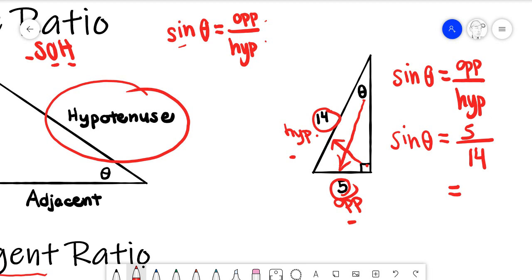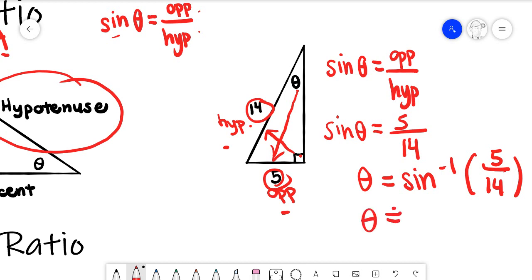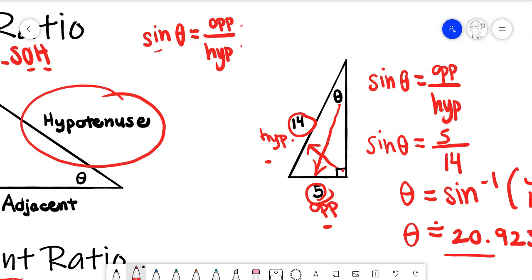And just like with the tangent ratio, sine also has an opposite, which is sine⁻¹. You can find this on your calculator, so just type it in, and you should get approximately 20.925 degrees. And there you have it, that's your angle.